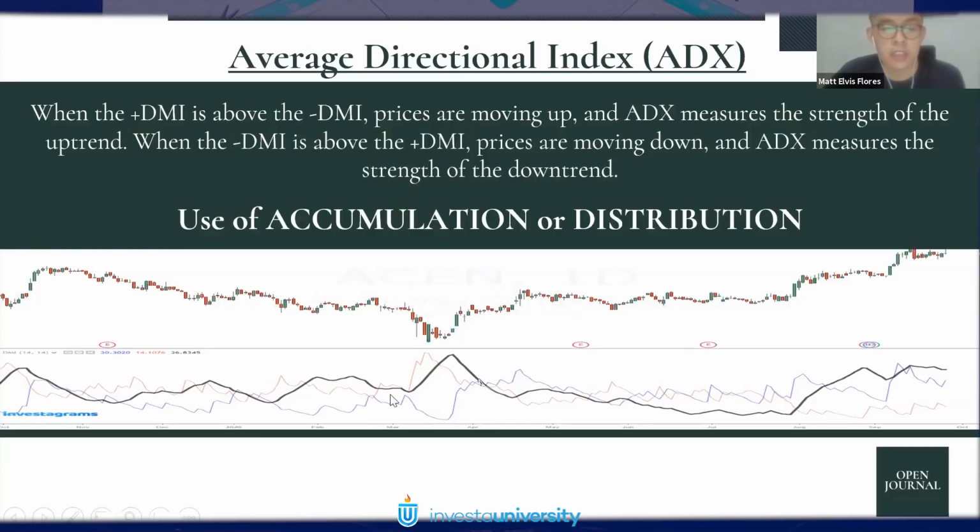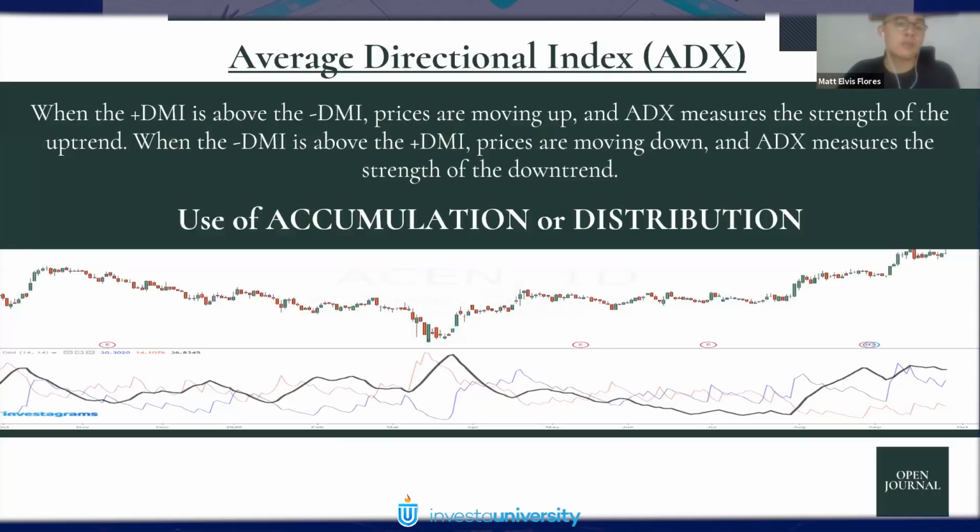So you'll see, every time your ADX starts to move up, and your blue line, the positive DMI, starts to cross over your negative DMI, plus your ADX is rising, your price movement starts to move up also.